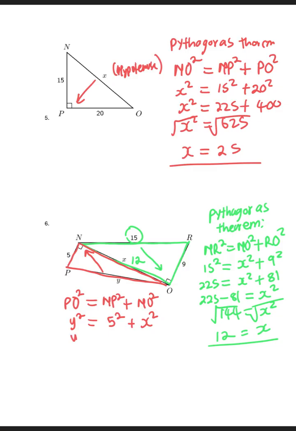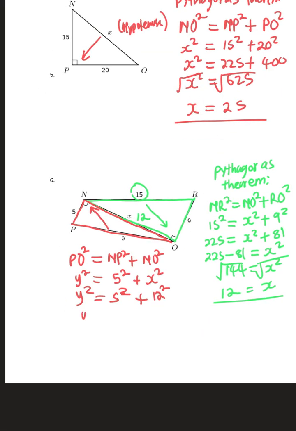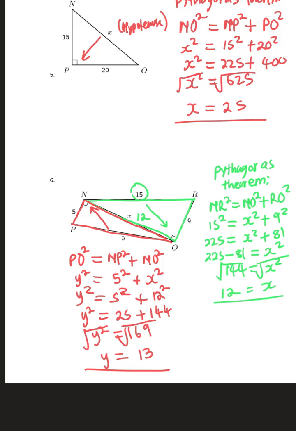So y squared is equals to 5 squared plus 12 squared. And then we have y squared is equals to 25 plus 144. Then 144 plus 25 is 169. Square root both sides. The square root of 169 is 13. So the value of y is going to be 13.